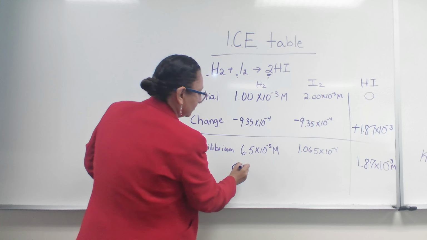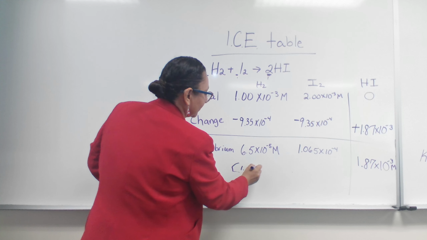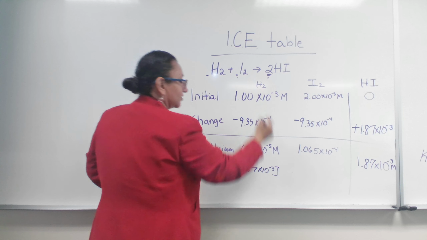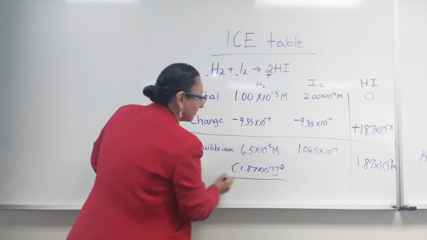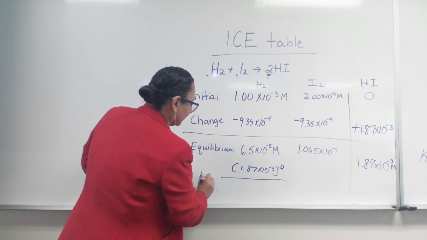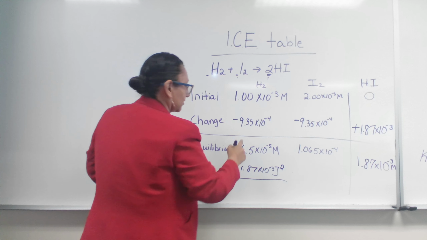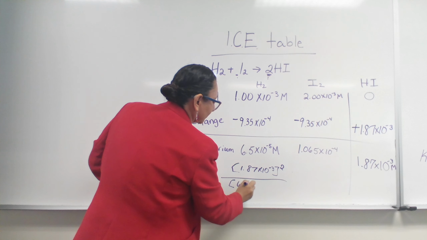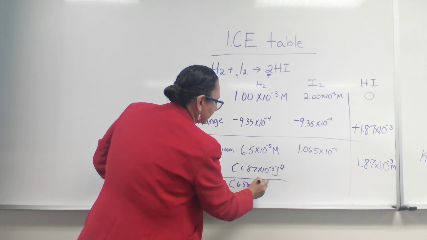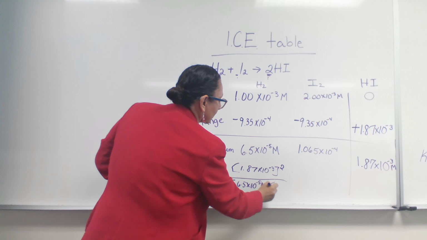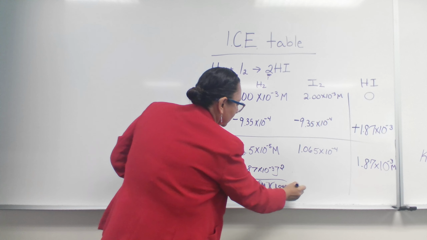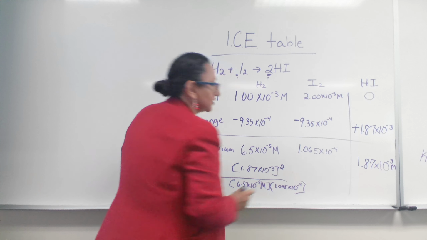HI is 1.87 times 10 to the minus 3 raised to the 2, divided by, we're solving for Kc, our concentrations here. So our hydrogen concentration is 6.5 times 10 to the negative 5 times 1.065 times 10 to the negative 4.